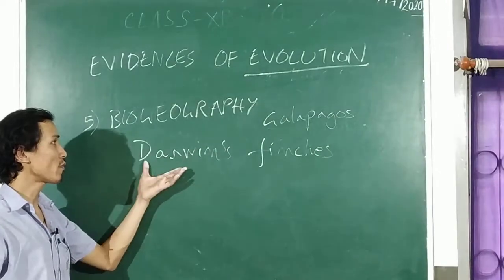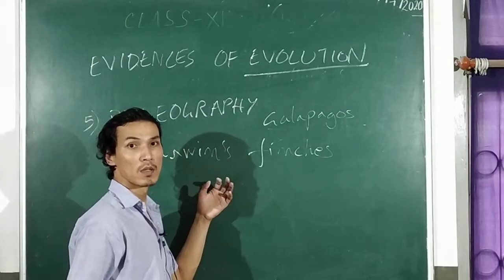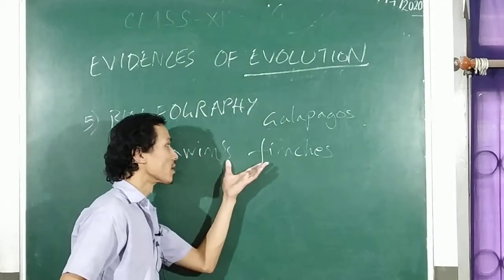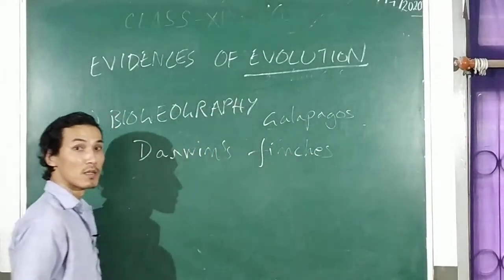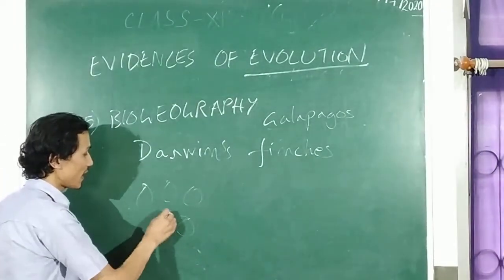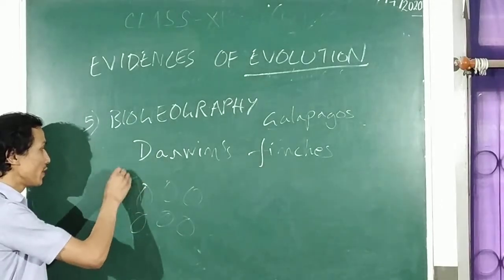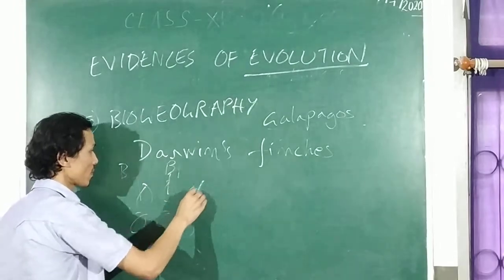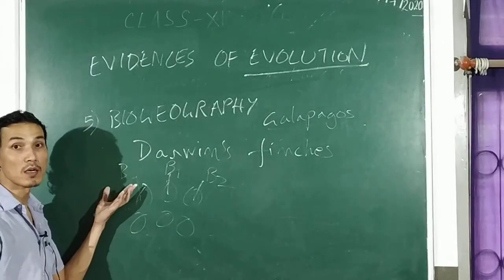So basically, Darwin studied a group of birds present in the Galapagos Islands. The Galapagos Islands are a set of islands. Each island has a unique bird. The differences can be in their beak structure and color pattern.